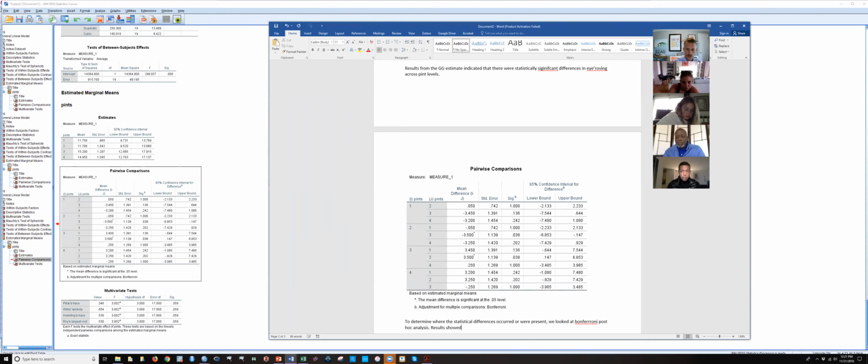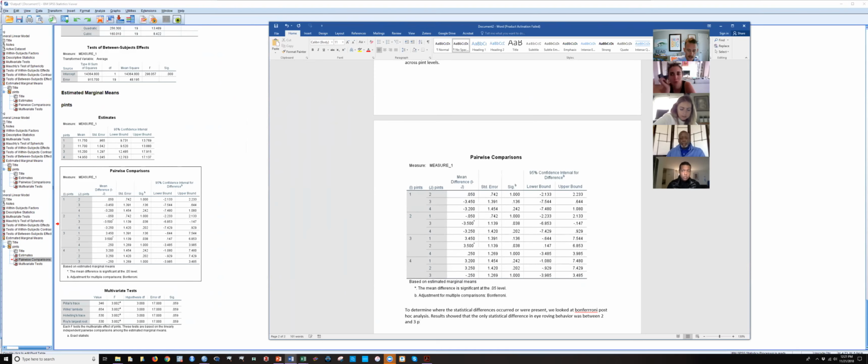Results showed that the only statistical difference in I roving behavior was between 2 and 3 pints, something like that.